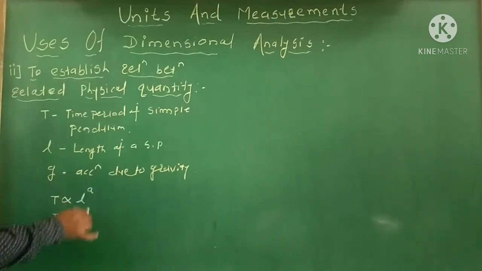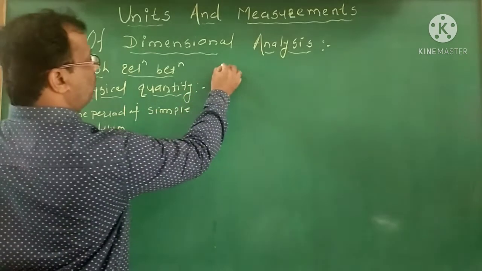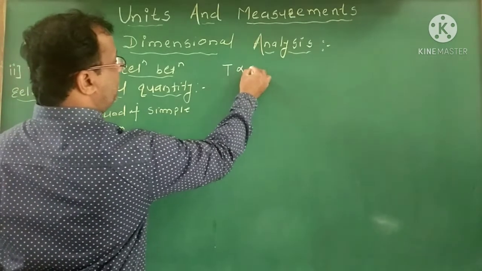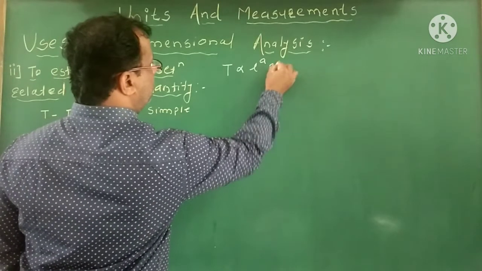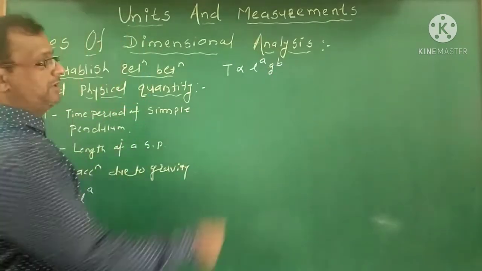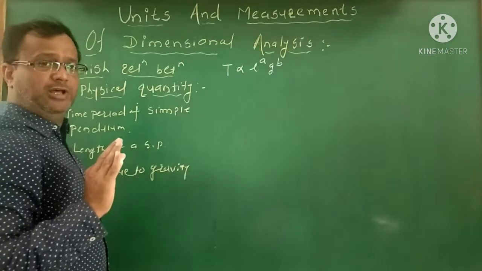Now we want to find out the values of A and B, and that A and B give the exact relationship between the time period and length, and time period and acceleration due to gravity. For that, first we want to write this formula in combined form. So what do we get? T is directly proportional to L raised to A and G raised to B. Avoid the proportional sign, so we want to take the equal sign.